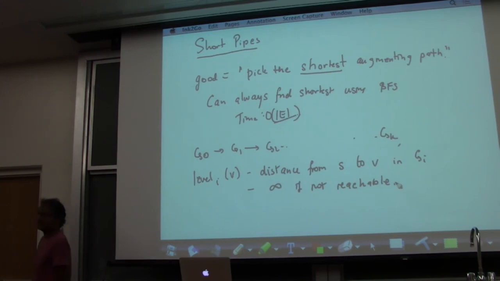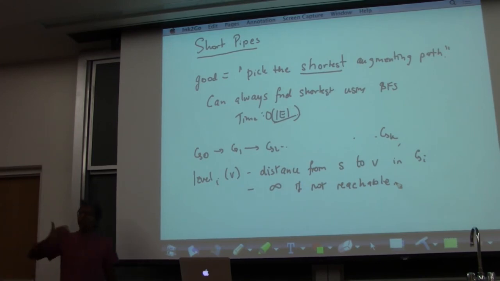When you start off, we can label all the vertices with how far they are from S. You can do a BFS from S and label every vertex the first time you see it. So you say, okay, it's level 1, level 2, level 3, and so on. Hopefully at the first stage, the level of T is not infinity. Otherwise, you can't even push any flow.